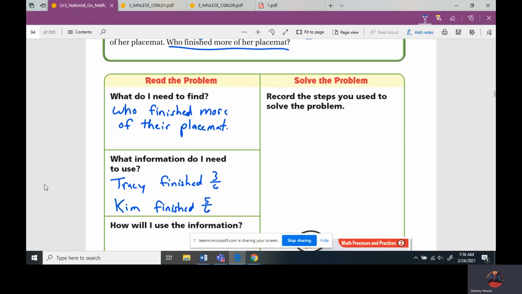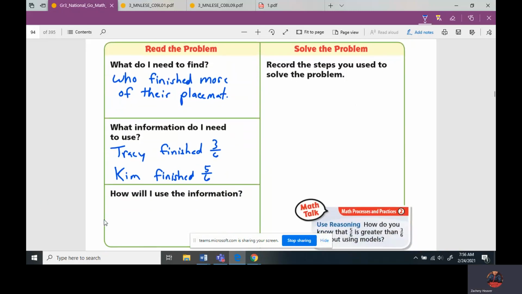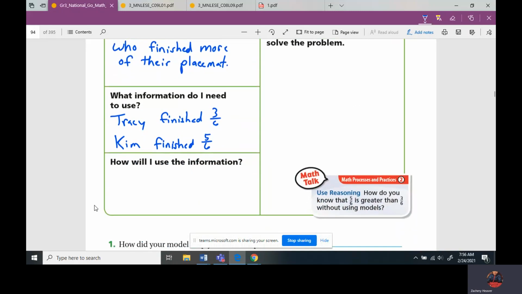Tracy finished 3/6 and Kim finished 5/6. That's our biggest information. How will I use this information? Well, we can use manipulatives, but you don't have them. I do, but my document camera's not set up to show you. How will I use this information?